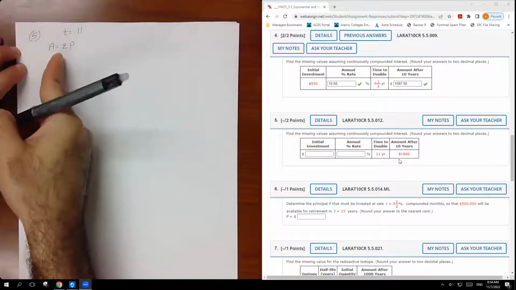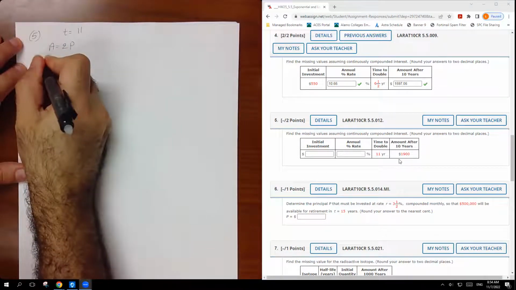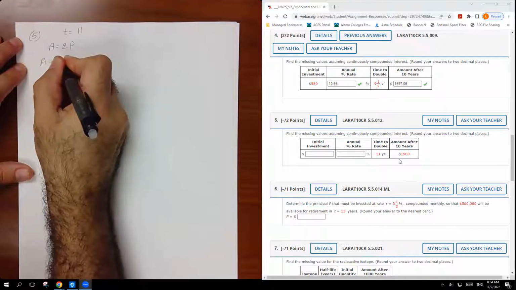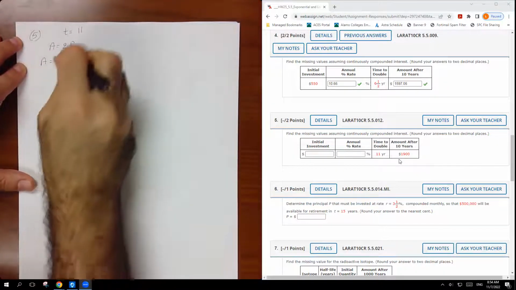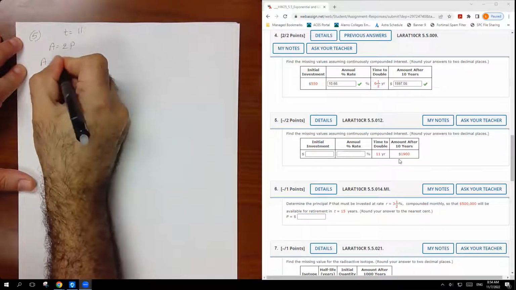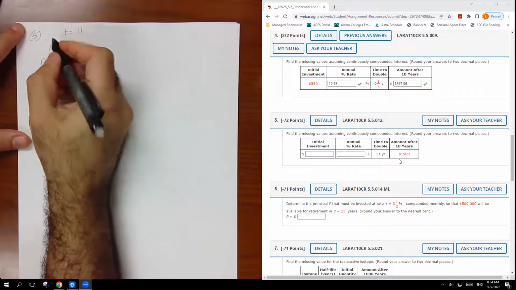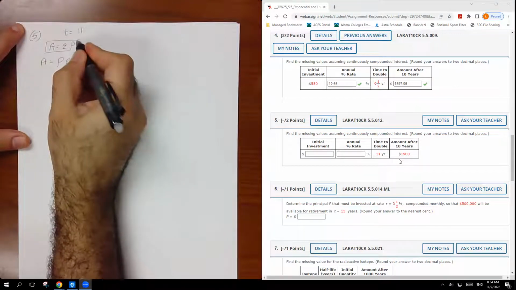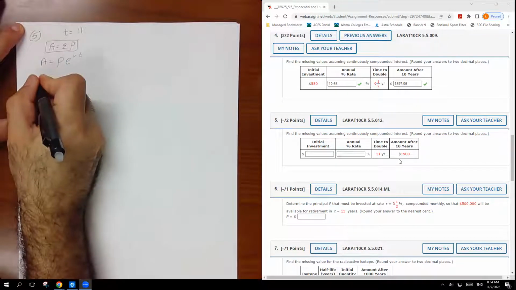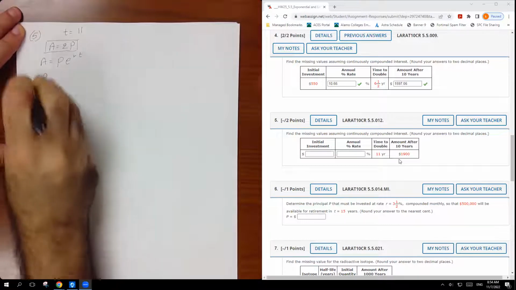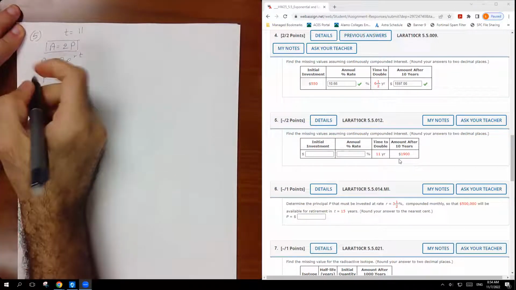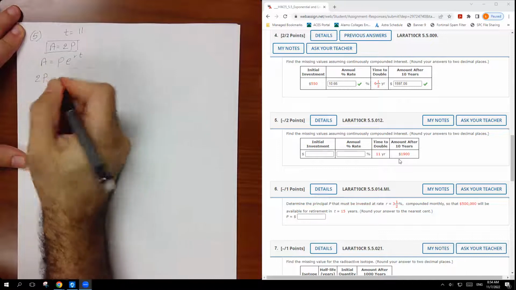I'm going to plug these into the formula, which is A equals P e to the rt. The future is 2P, which is the double of the investment. That means here it is going to be 2P equals P e to the rt.